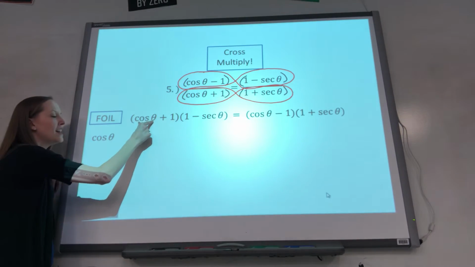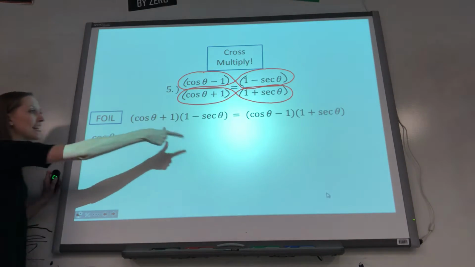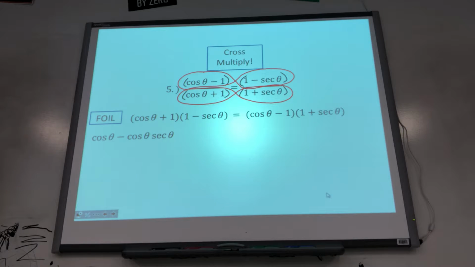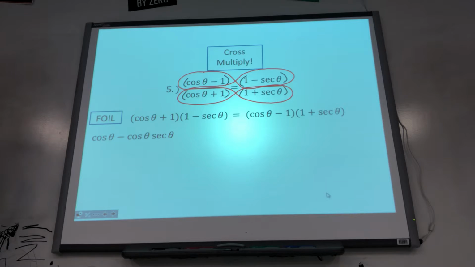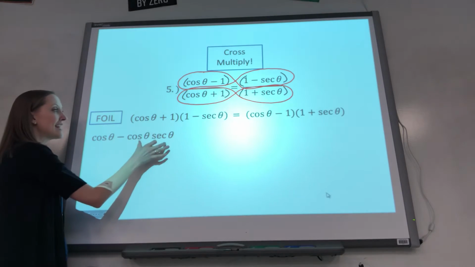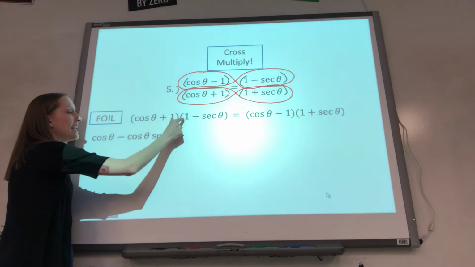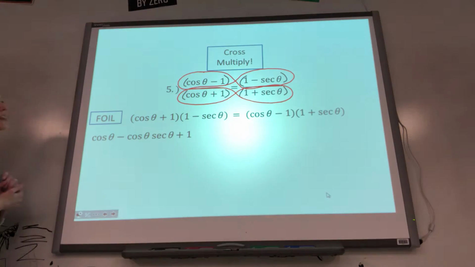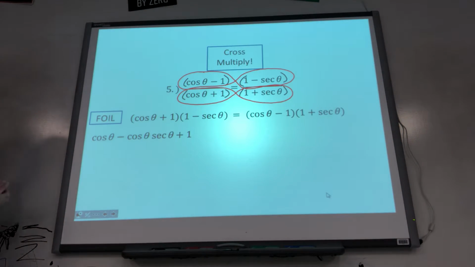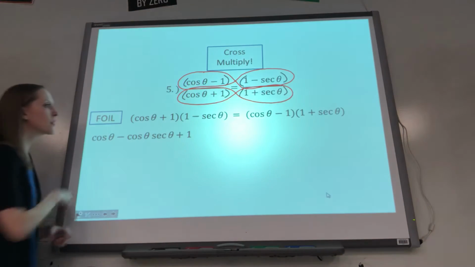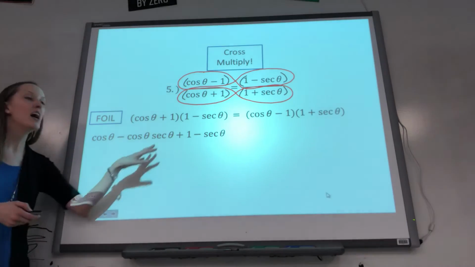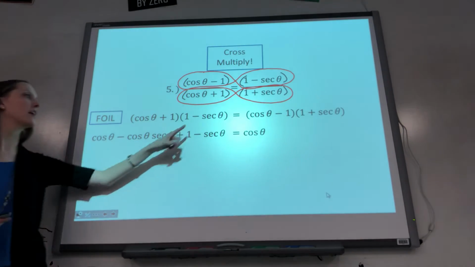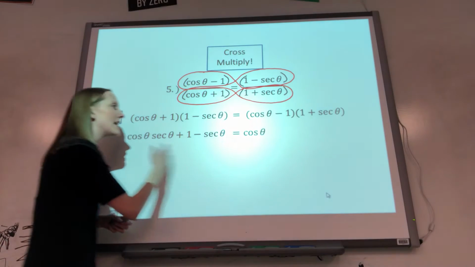Cosine of theta times negative secant of theta, I'm just going to put those together as negative cosine of theta, secant of theta. Inner terms, I would get a plus 1. And last term, 1 times negative secant of theta, that's just negative secant of theta.